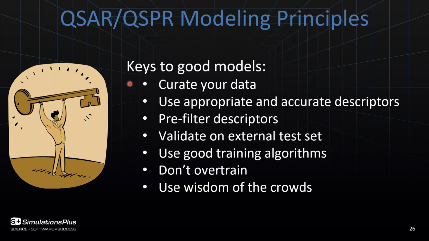So if you have errors in your training data, the newer models are going to memorize that, and then when you try to predict an arbitrary compound, you typically get an incorrect answer or higher RMSEs than you do in your training set.